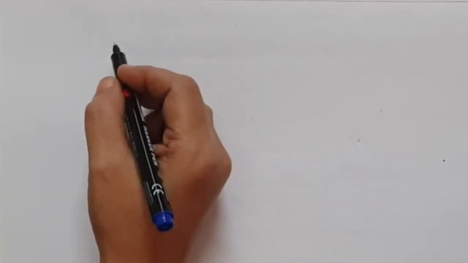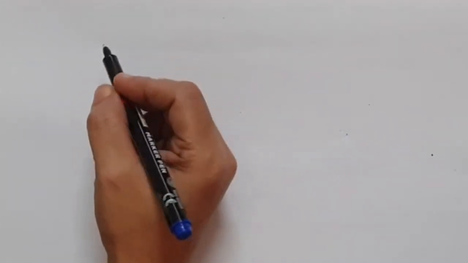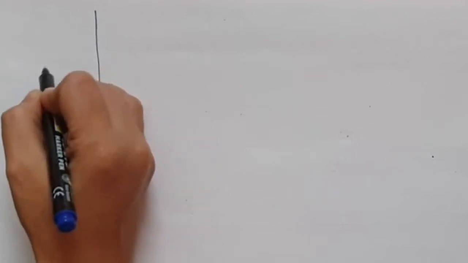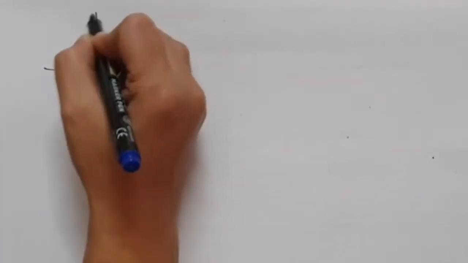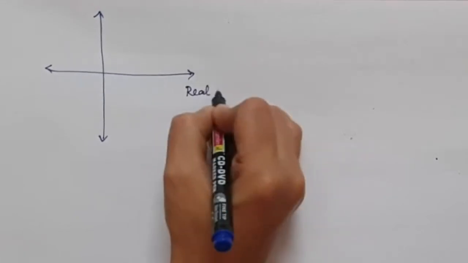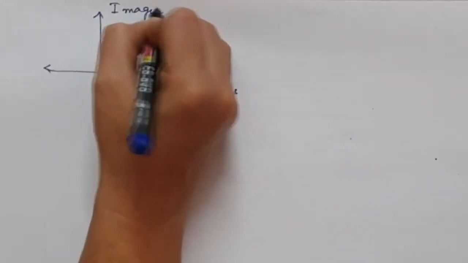Also, a complex number can be represented on an Argand diagram, which is a coordinate grid. Here, the horizontal axis is called the real axis, and the vertical axis is called the imaginary axis. That is, this is the real axis, and this is the imaginary axis.